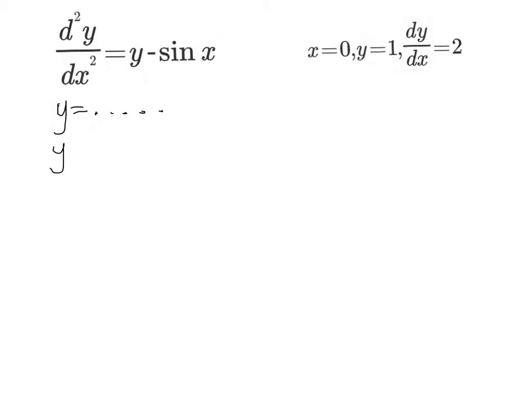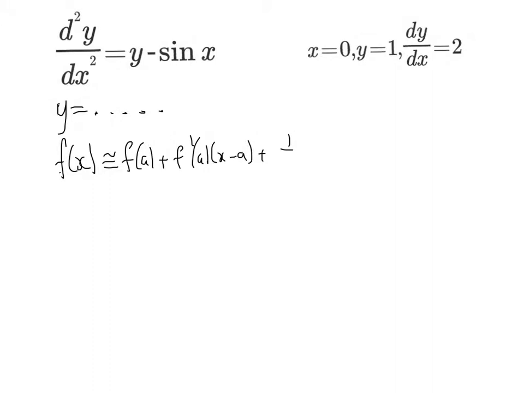Well, let's use f of x since that's the notation we're used to. f of x will be roughly equal to, more and more equal the further we go, f of a plus f primed of a, x minus a, plus 1 over 2 factorial, f double primed of a, x minus a, squared plus 1 over 3 factorial, f triple primed of a, x minus a, cubed plus, etc.